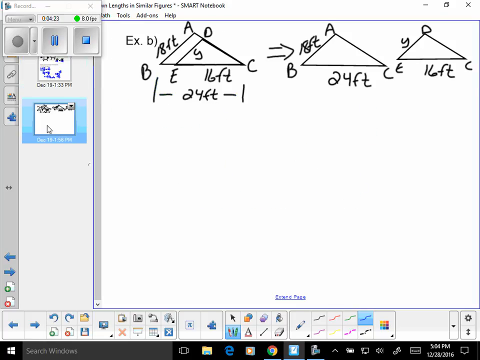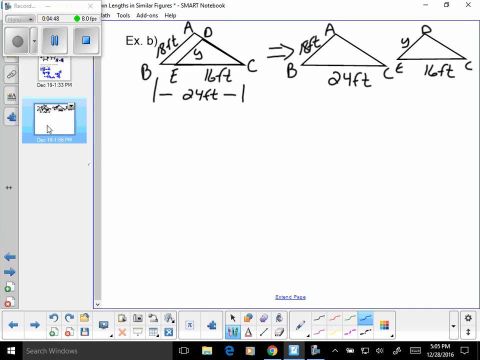The original figure is the figure on the left. And the problem is, it's what we call an inscribed figure. Triangle EDC is actually inscribed within triangle BAC. So what I usually do is I redraw it, which I've done over here on the right, as triangle ABC and then triangle DEC.